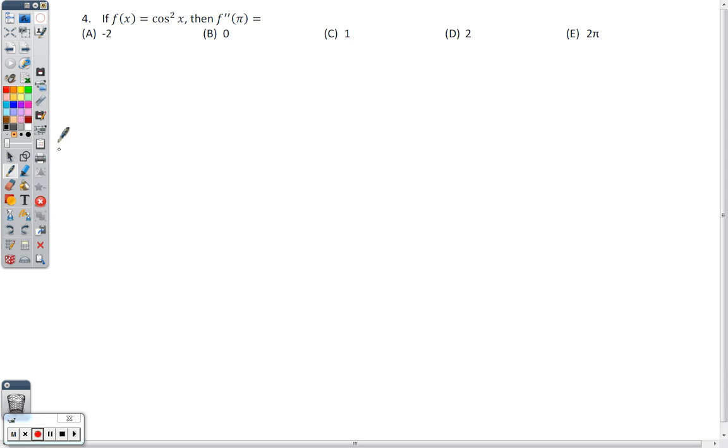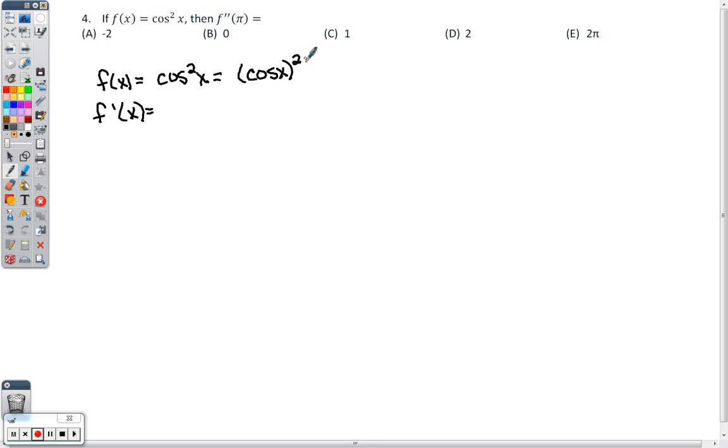Question 4. If f of x equals cosine squared x, then f double prime of pi equals, all right, so we're starting with cosine squared x. So then f prime of x will be, we have some chain rule, so this is kind of like having cosine x squared, right?